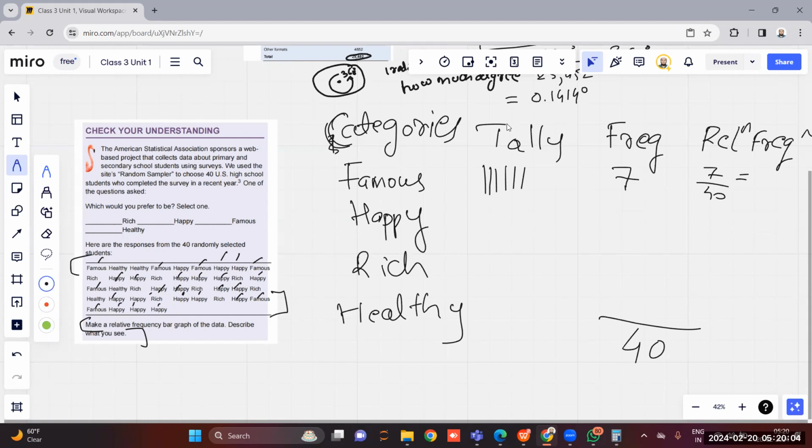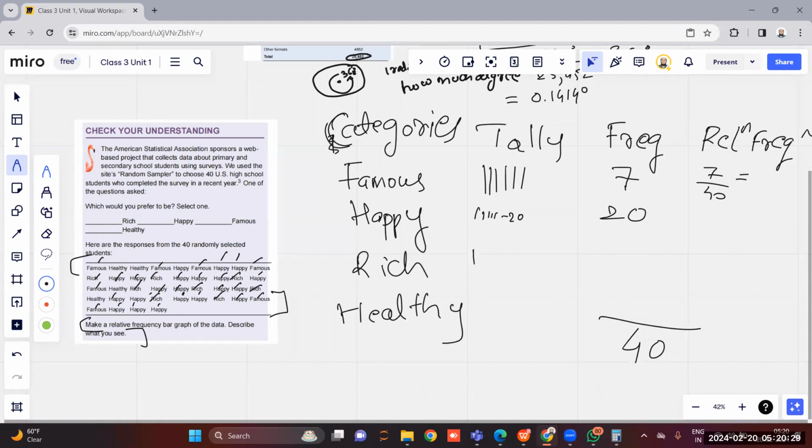So 20 students. I'll not draw all the lines, I'll write 20 as chosen. Now, rich, how many rich? One, two, three, four, five, six, seven, eight.